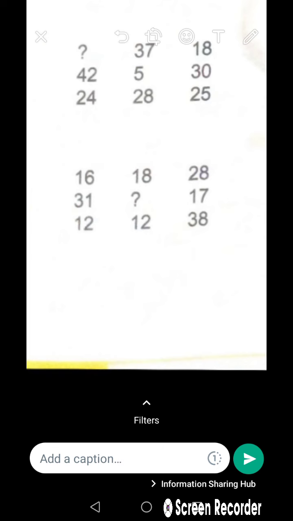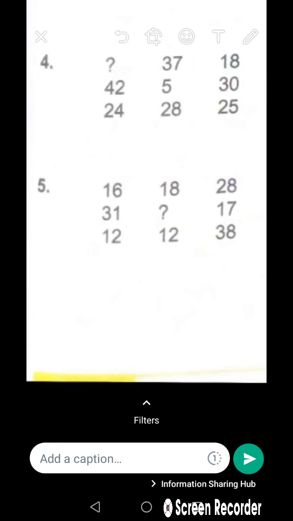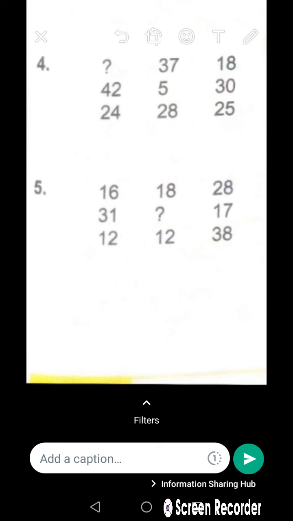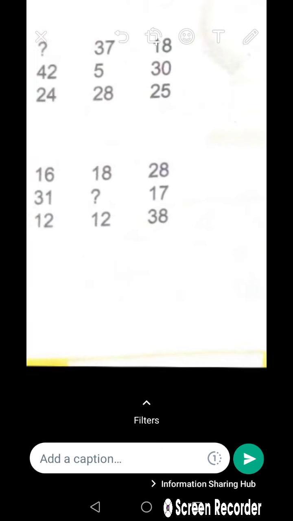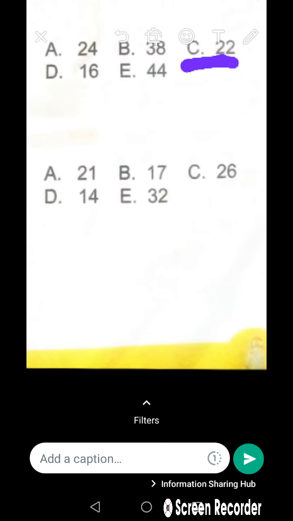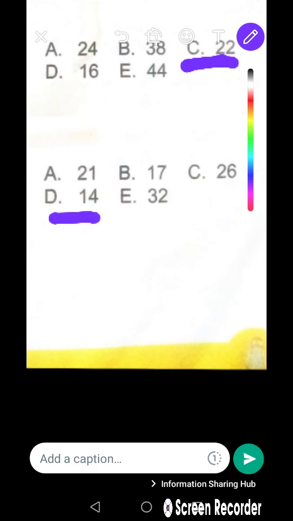Okay, so 62, let's add the upper one. 16 plus 18 will give us 34. 34 plus 28 is 62. Okay, so by the time you add 31 plus 17, you're going to have 48. 48 plus 14 will give you this. So the answer here is 14. So that is the answer.